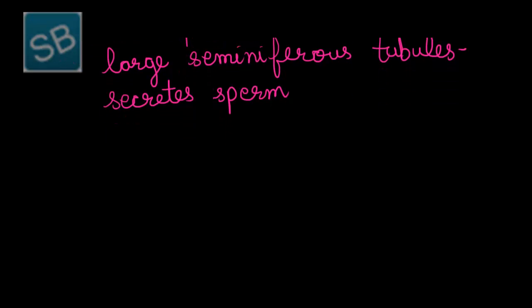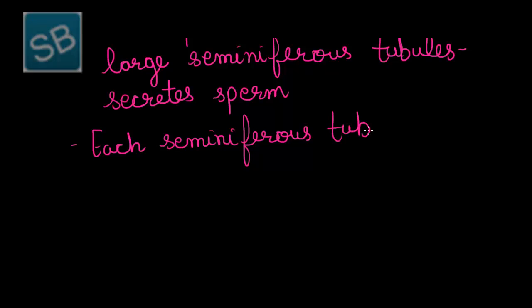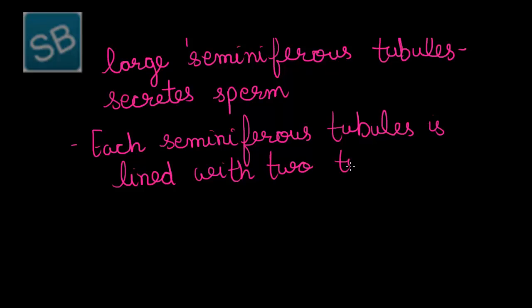Now, each of these seminiferous tubules is lined with two types of cells. Thus, all the seminiferous tubules present within the testis are lined or surrounded by two types of cells, which include germinal cells and Sertoli cells. Now, what is a germinal cell?